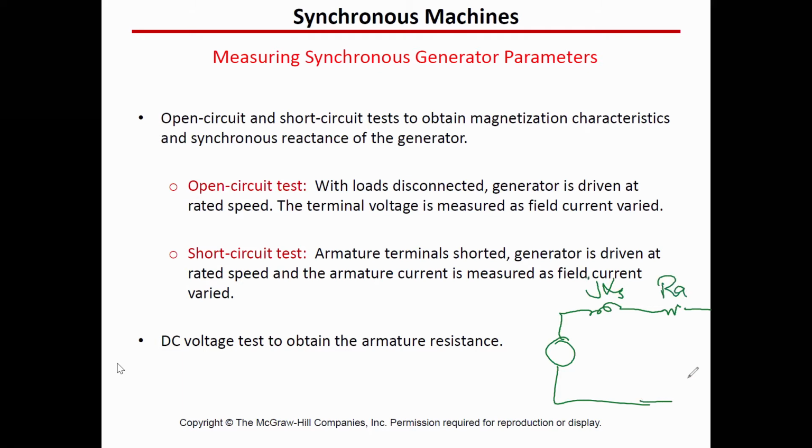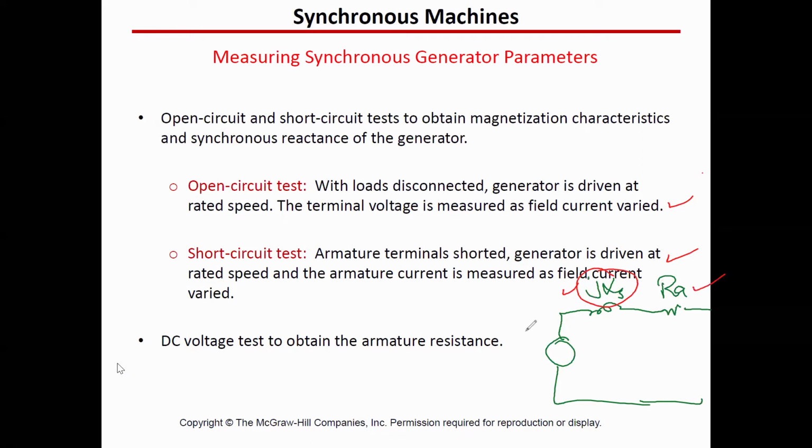The objective is to apply these two tests, the open circuit test and the short circuit test, to find XS. What about RA? For RA, we will apply what we call the DC voltage test. So the open circuit and short circuit tests are both for XS, and the DC voltage test will be for RA.